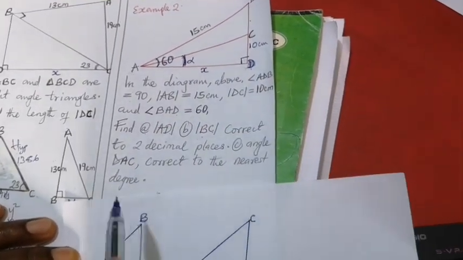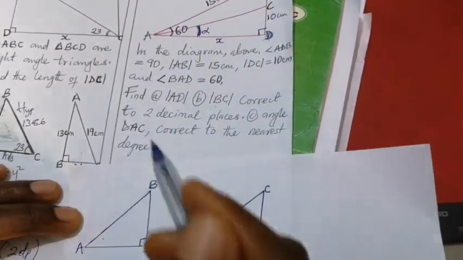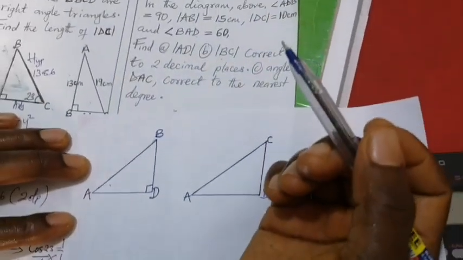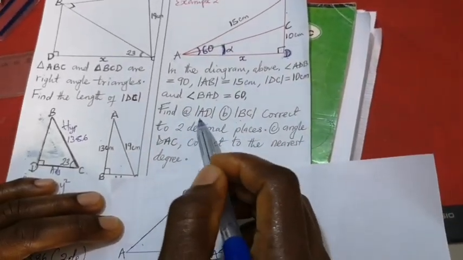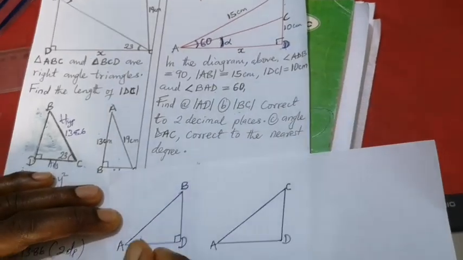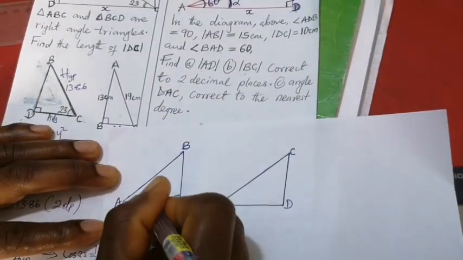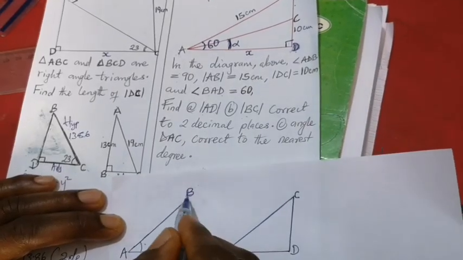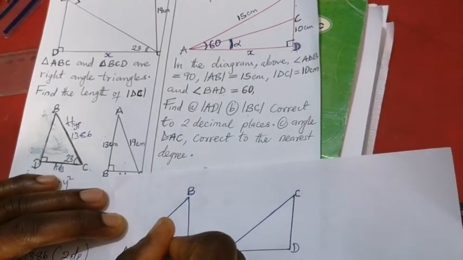Okay, now the first one, so I'm looking for line AD, which is this place, and is labeled x, and this angle BAD is 60 degrees.